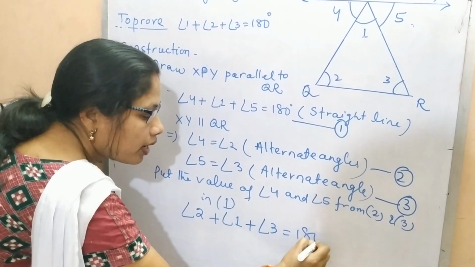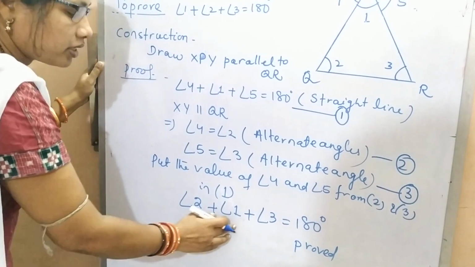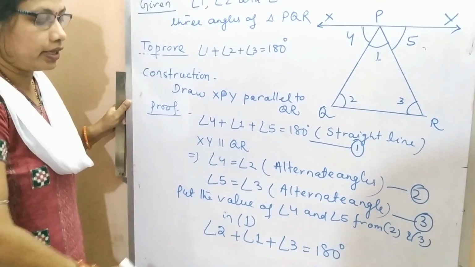This is equal to 180 degrees. So this is proved. Angle 1 plus angle 2 plus angle 3 is equal to 180 degrees.